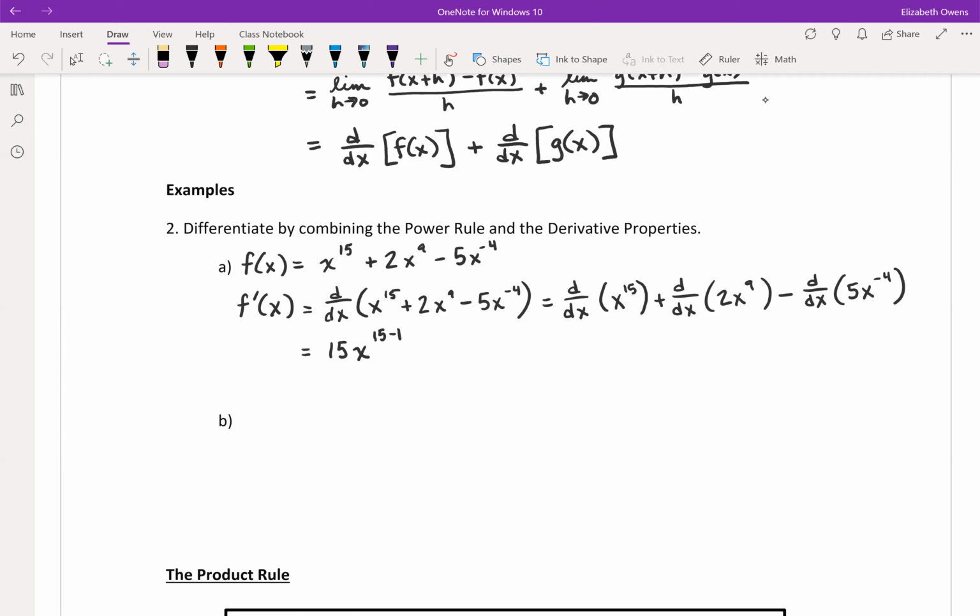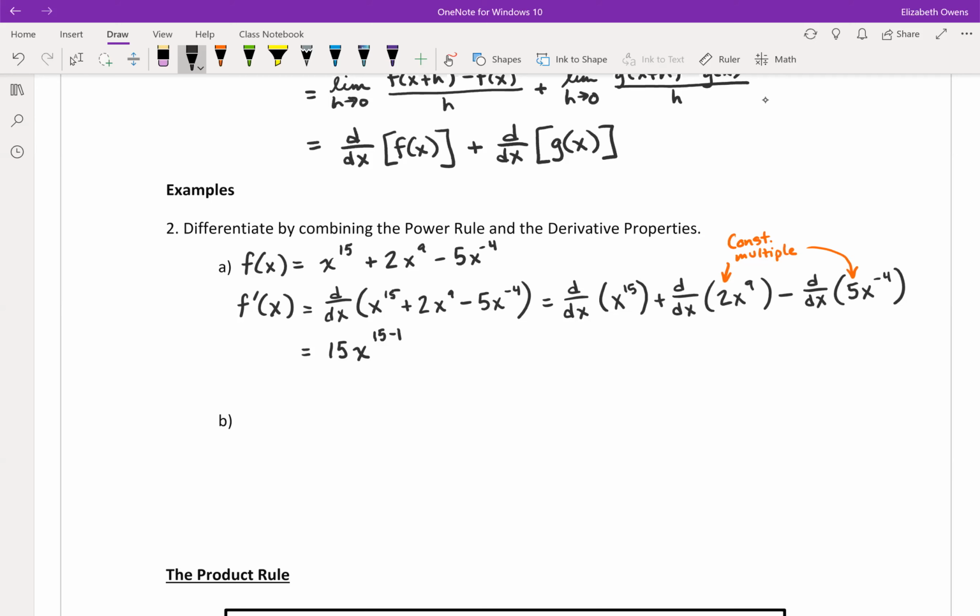For the next term here, the derivative of 2x to the 9th, we have a constant multiplying x to the 9th power. So let me note that, constant multiple. We've got another one over here, by the way.